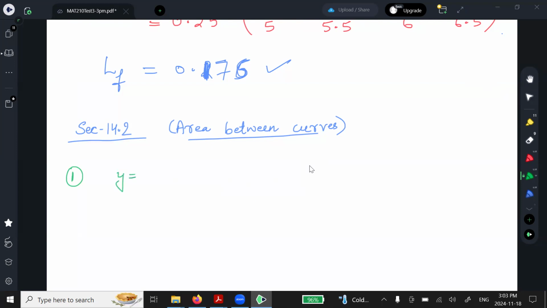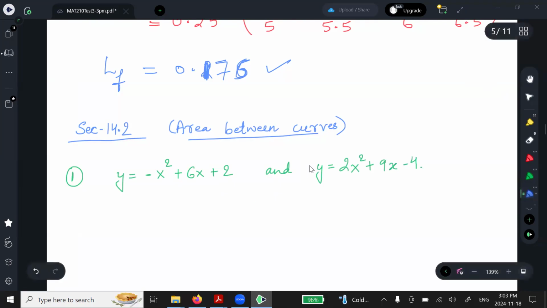Here I have y equals negative x squared plus 6x plus 2. And the second curve is another quadratic. So I have y equals 2x squared plus 9x minus 4. Okay? So I have these 2 quadratic equations.